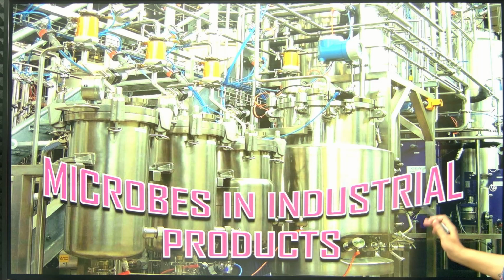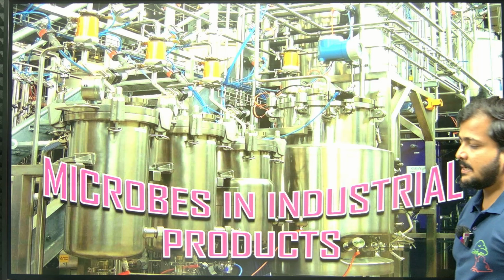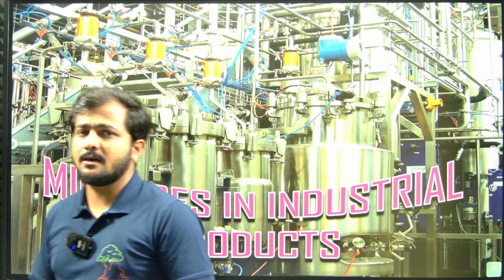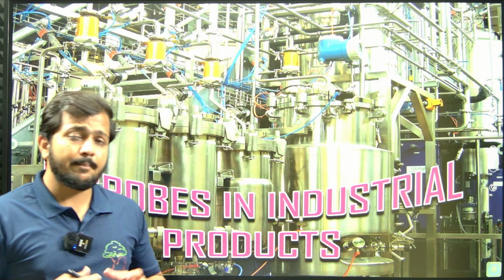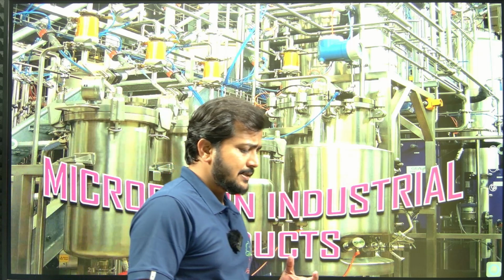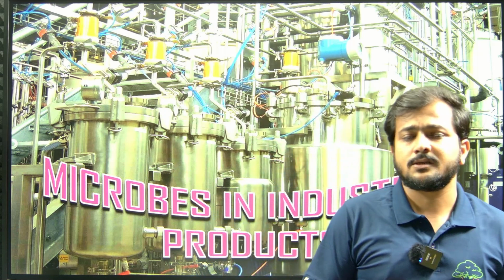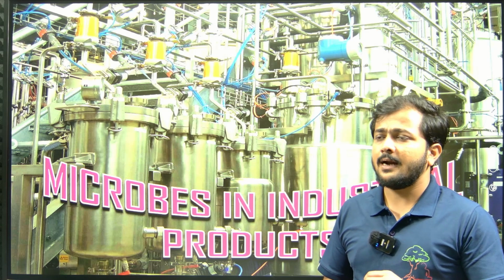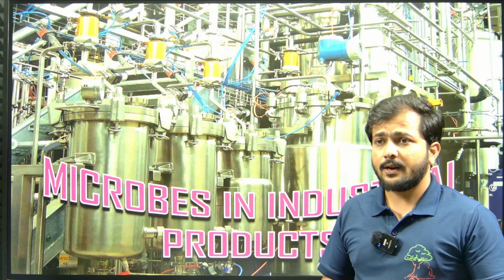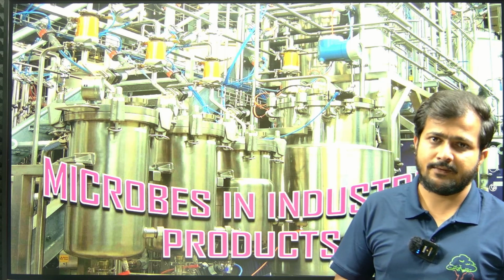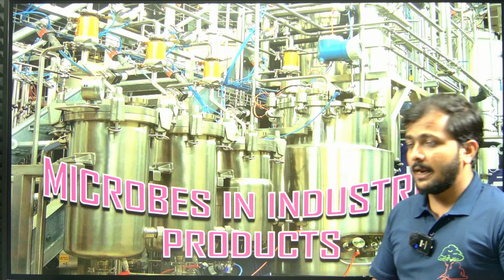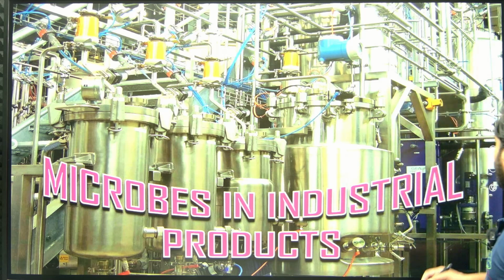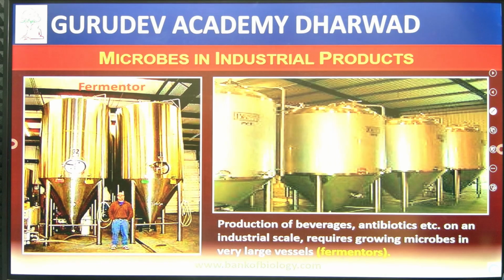Then microbes in industrial products is one of the most important aspects, because, with respect to the development of biotechnology and the chapter we have already studied, biotechnology principles and processes, the majority of microorganisms can be used in food industries to produce different kinds of products that are useful for human beings, right?